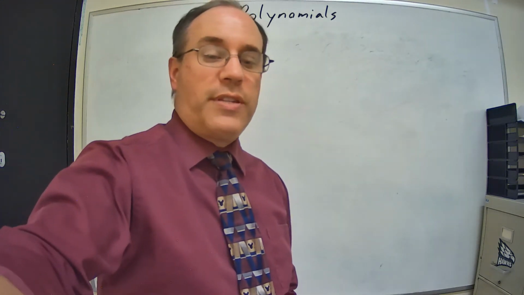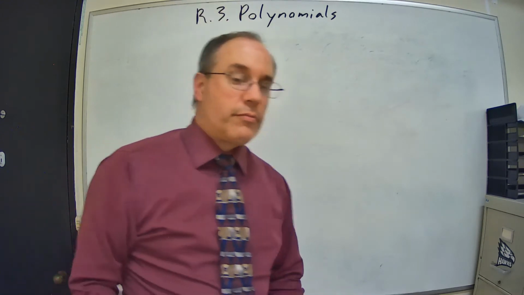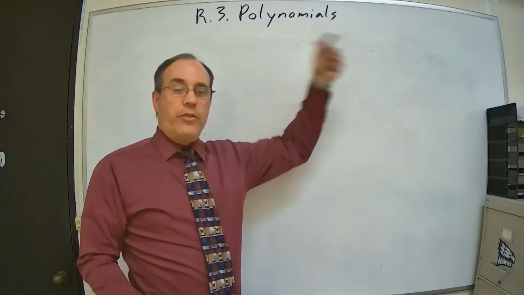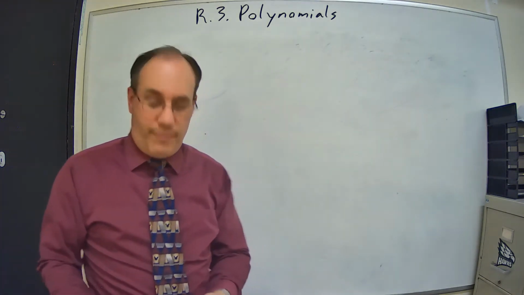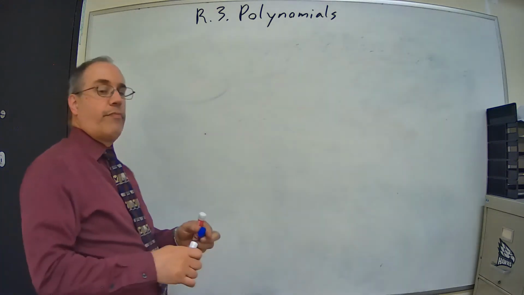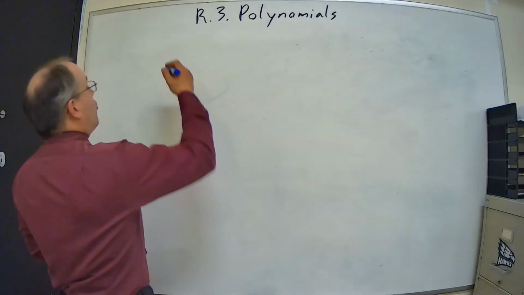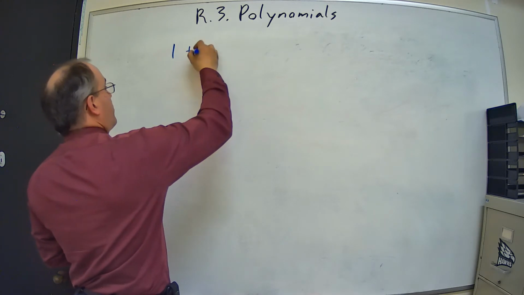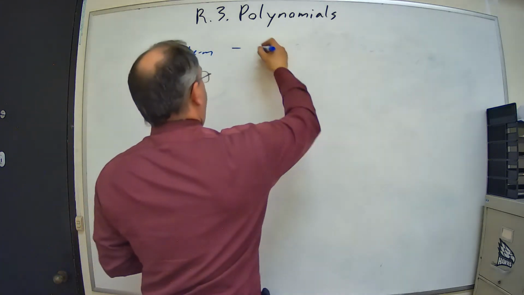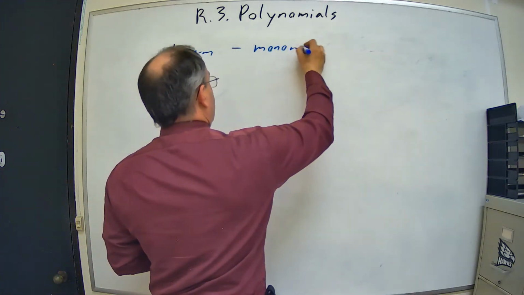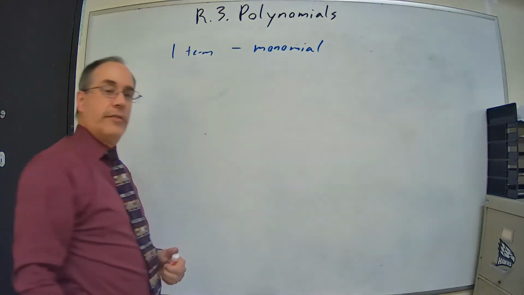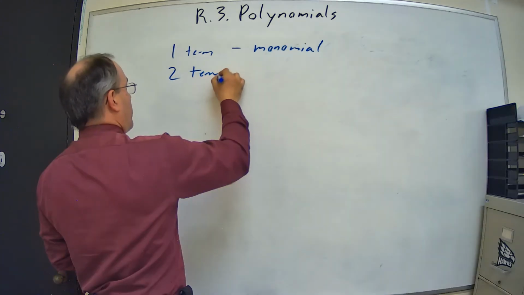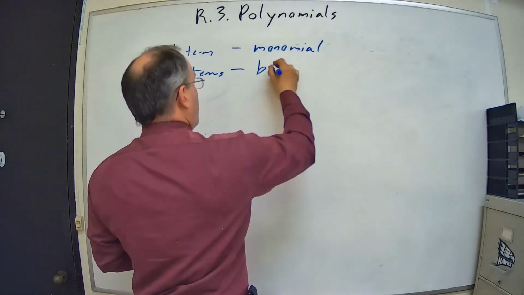There's a few more things that we want to take note of. First of all, poly means many. Polynomial, many numbers or many names. If we have a one-term polynomial, so it has one term to it, we call that a monomial. If it has 2 terms, we call it a binomial.